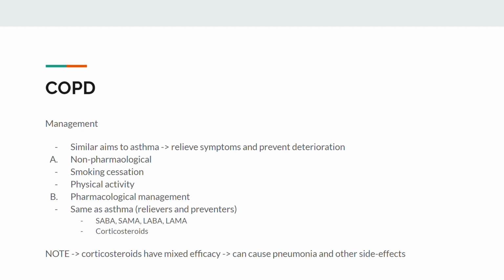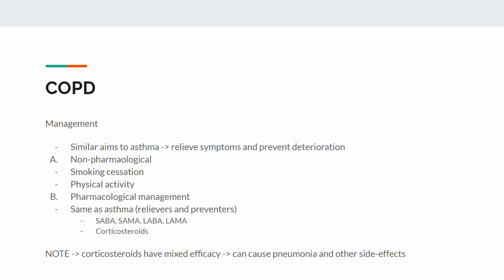So now moving on into COPD. Just so you know, this can be broken down into two main management steps. The first is non-pharmacological, and for here the most important one is smoking cessation and physical activity. Smoking is the main cause of COPD, so it kind of makes sense that we try and stop it as much as possible.